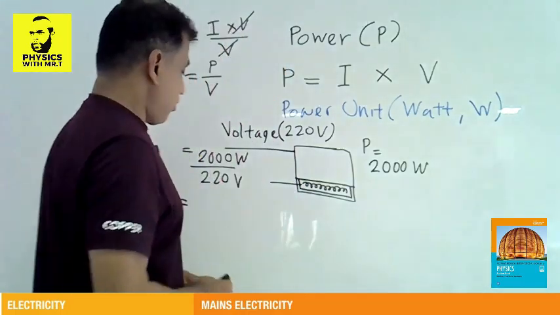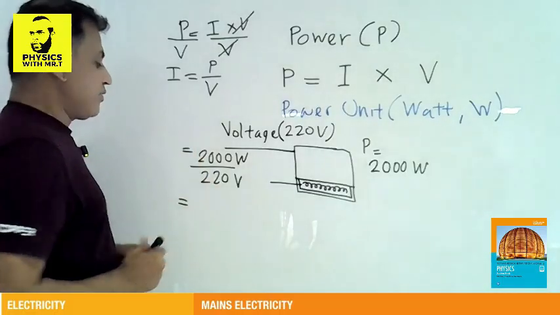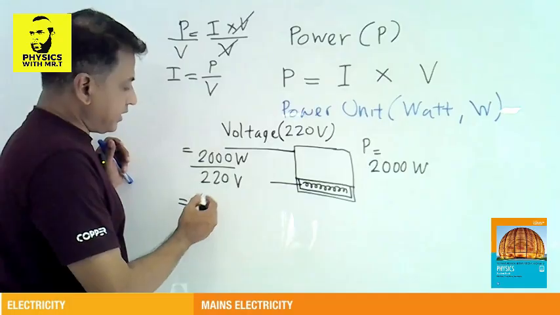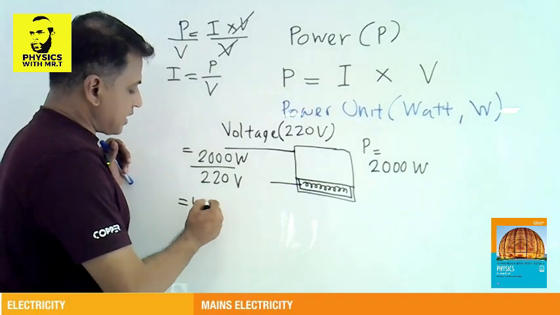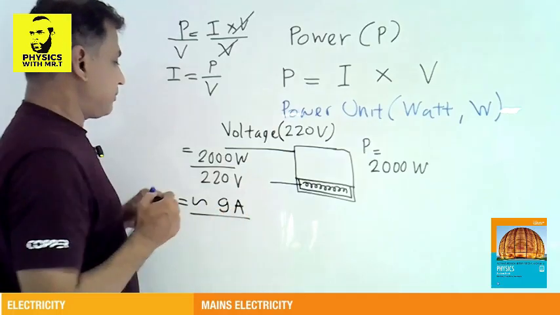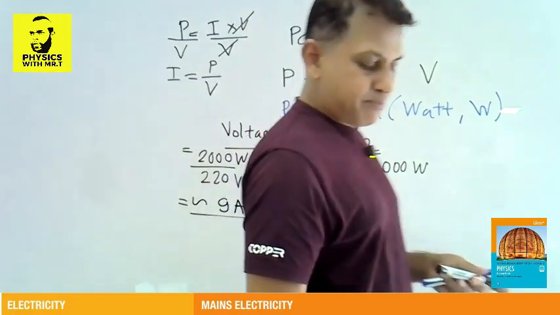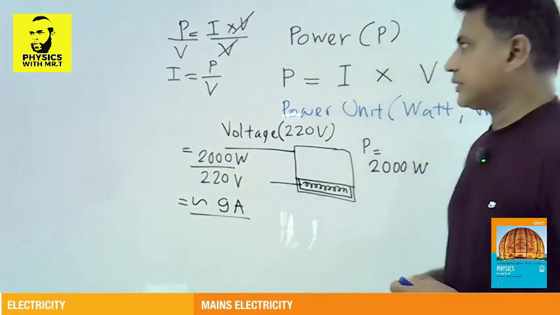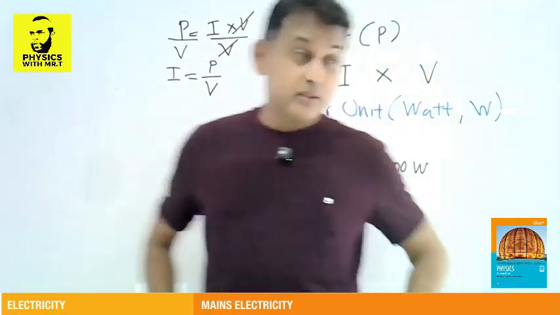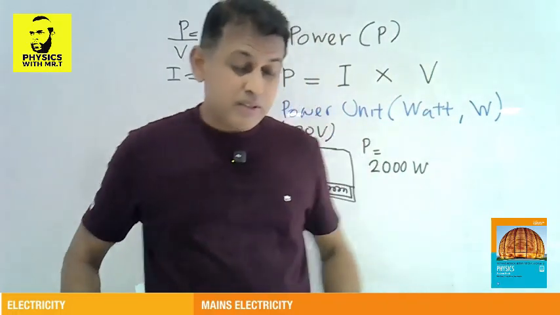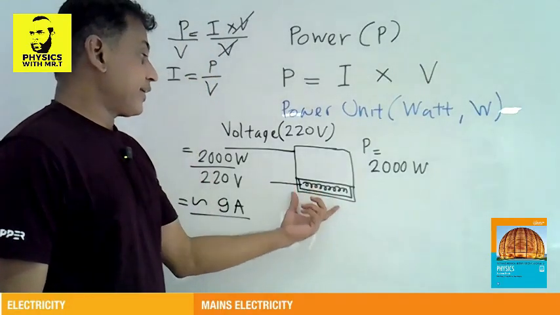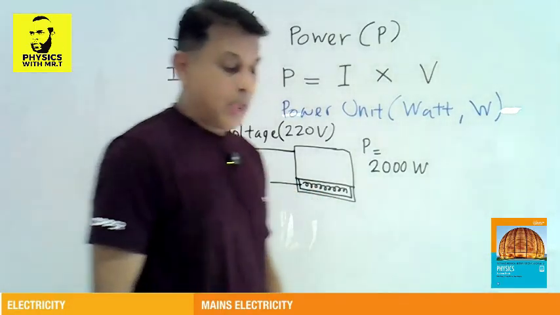So 2000 divided by 220, so I just write it approximately. It's approximately 9 ampere. The current passing through this kettle is 9 ampere.